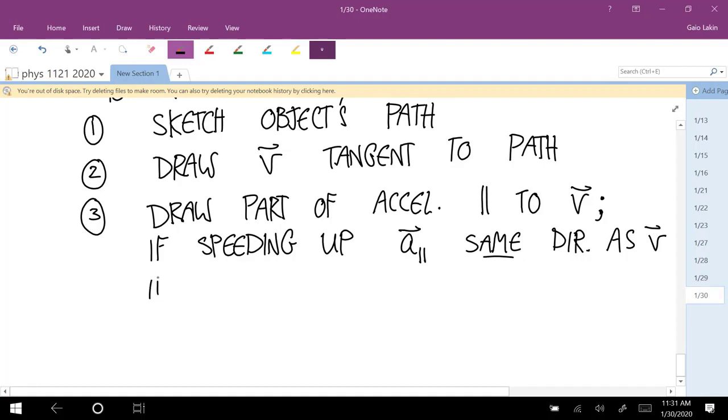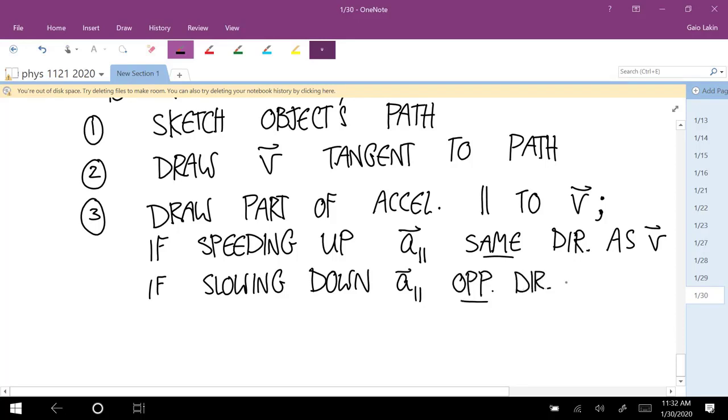And if the object's slowing down, A parallel is in the opposite direction of the velocity vector. Okay, so you can think of the acceleration as being made up of two parts. One part that's parallel to the velocity and determines whether it's speeding up or slowing down.